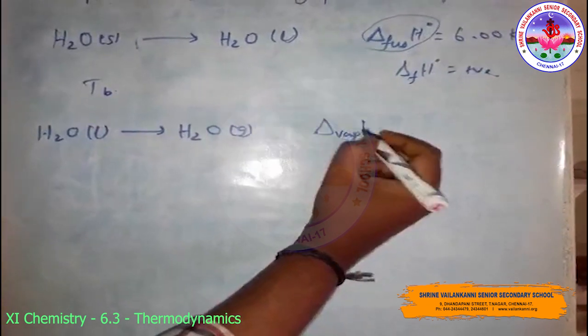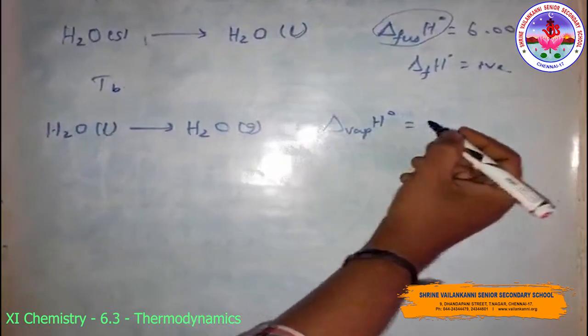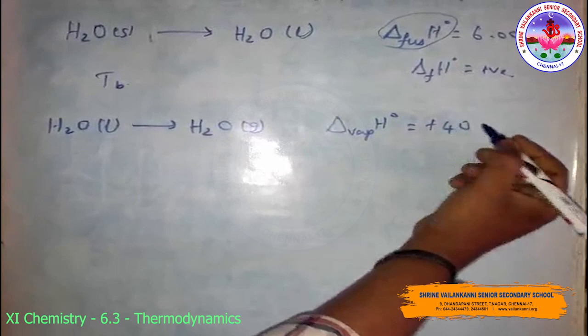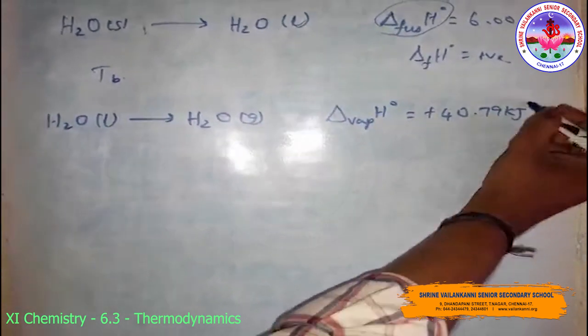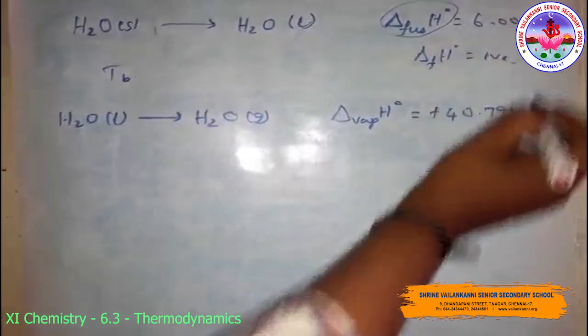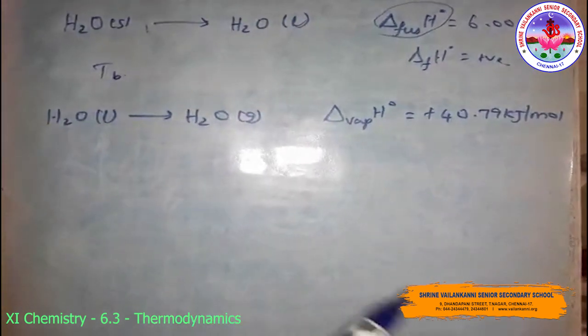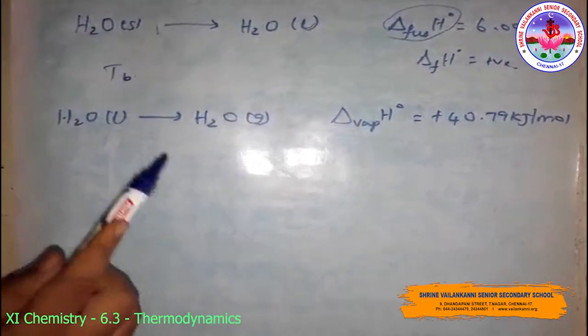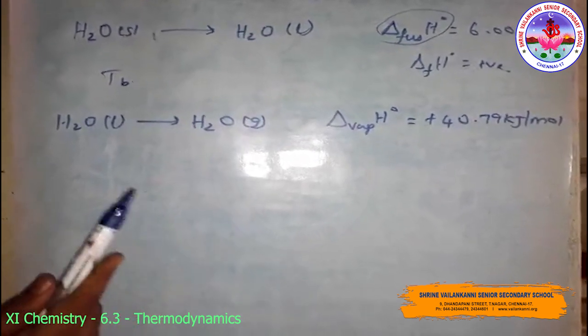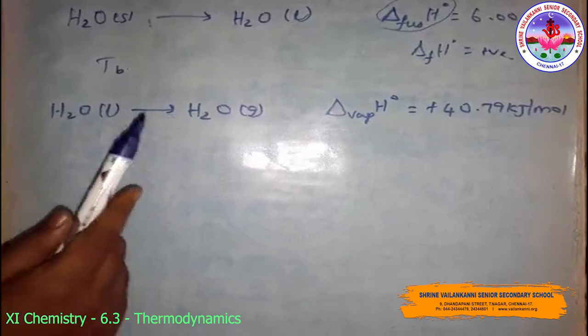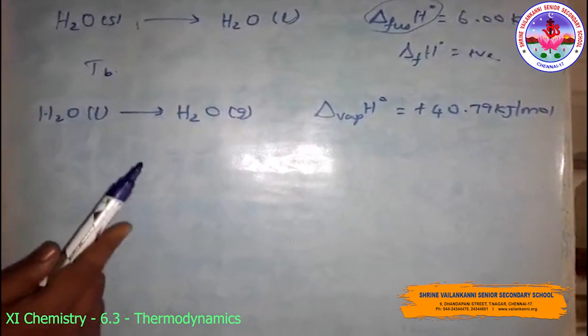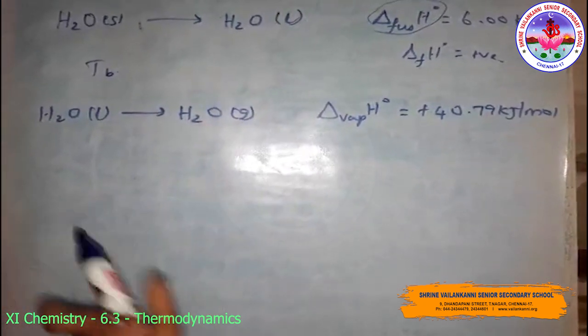Here delta H of vaporization is equal to plus 40.79 kilojoule per mole. These are experimental values. The amount of heat required to vaporize 1 mole of a liquid at constant temperature and under standard pressure is called standard enthalpy of vaporization or molar enthalpy of vaporization.